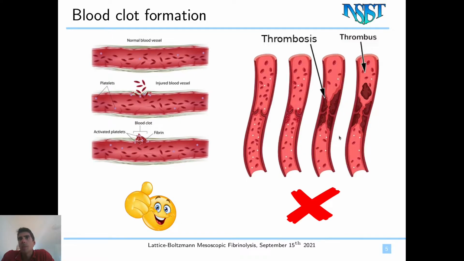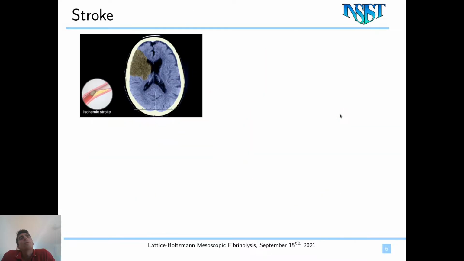So this is, of course, to avoid. But when this happens in the brain, it is critical because as time goes and we do not have enough irrigation in the tissue, the cells will die, and so we can lose very quickly neurological functions and be impaired for life, or even in the worst case, die.